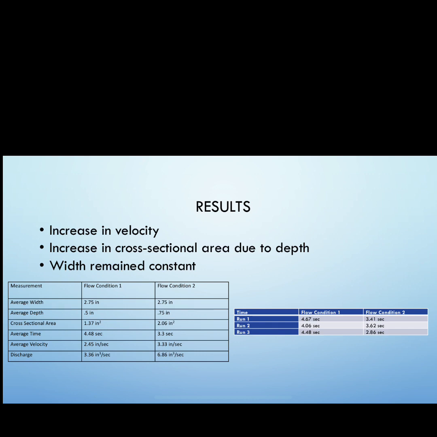And in that chart to the bottom left there, you can see all my measurements and calculations. To the right there, the chart to the right, you can see my recorded times for each of the 3 runs under each flow condition.